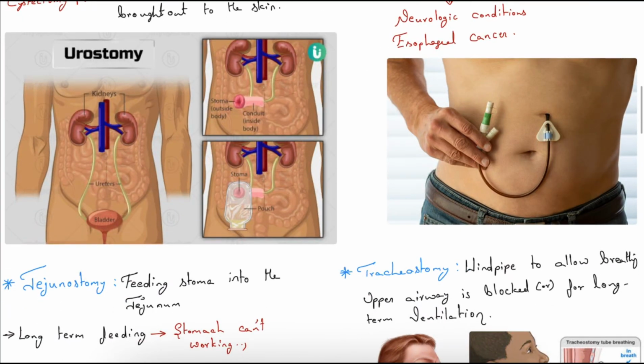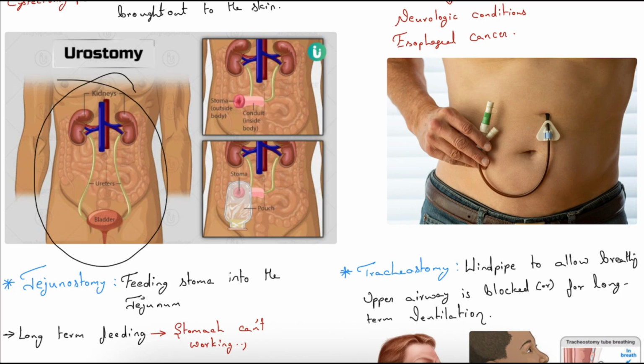Here you can see the normal structure. From the bladder, the ureters are attached, and then the stoma is outside the body, and it will look like this. Because the segment is inside the body, that's why we call it a conduit.